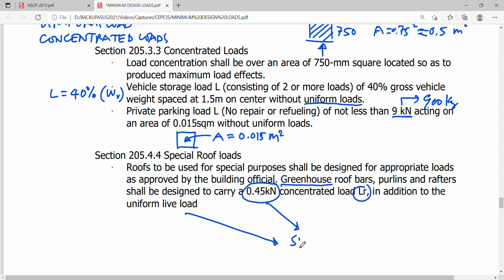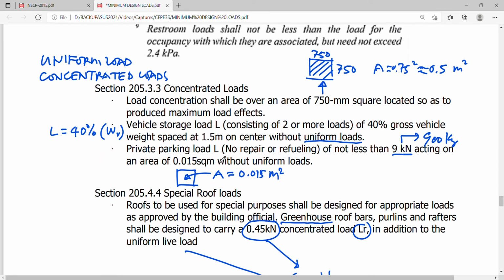So this is simultaneous application, not unlike the vehicular load here where the uniform loads are not computed in addition to the concentrated loads.